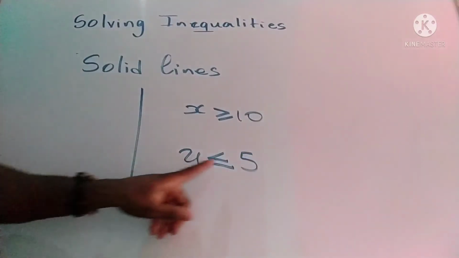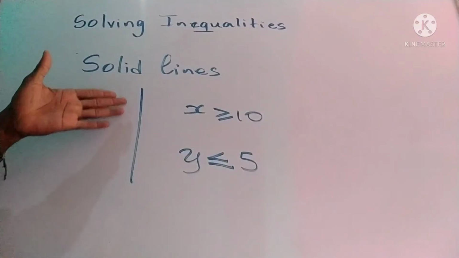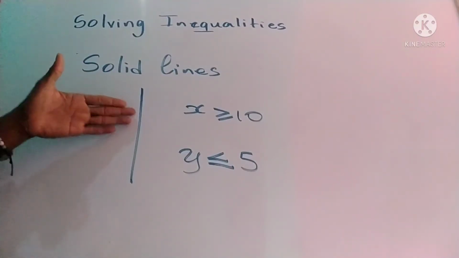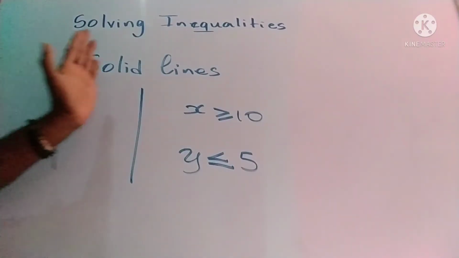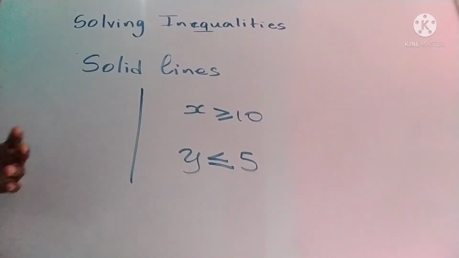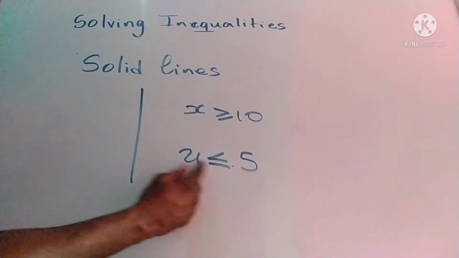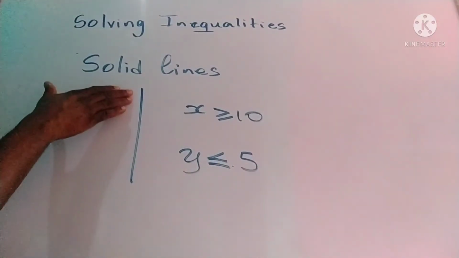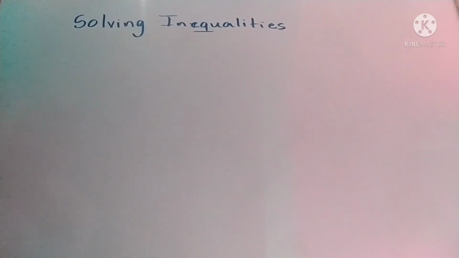Now, the fact that there is an equal in this suggests that the solution could be a part of the line, and this number satisfies this condition, and so on and so forth. So when we have the bar underneath, which means equal, then we use solid lines to represent that idea. These are some of the things that we definitely need to understand before we start solving.